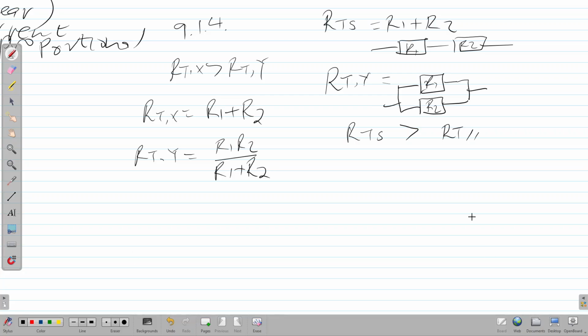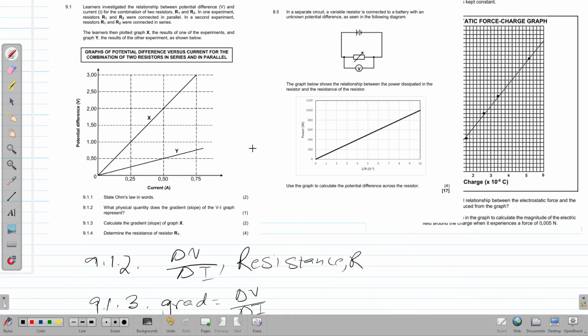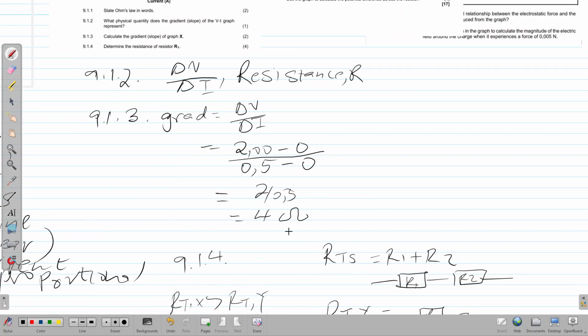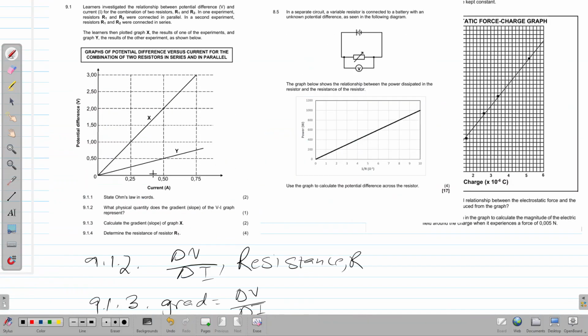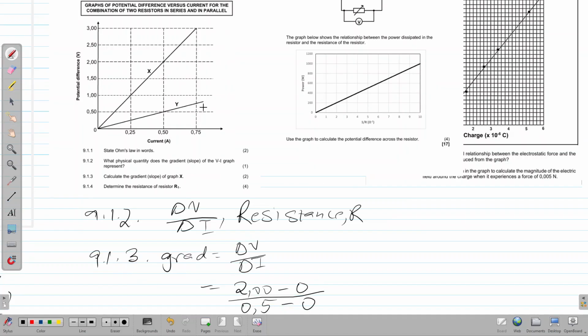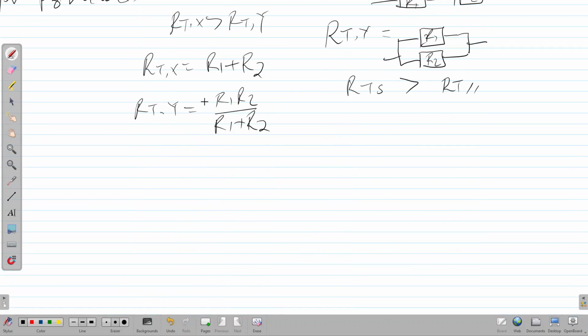Okay, so again we just looked at the total resistance of the graph X, and then we note that since the gradient here is 4, and the gradient here is 1, and the gradient represents resistance, we deduce that this resistance of this combination is bigger than that. So this must be a series combination, and Y must be a parallel combination.